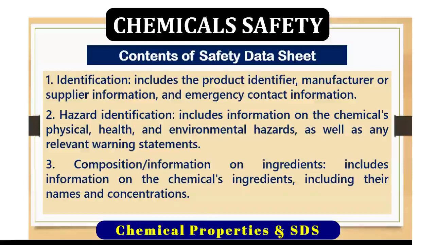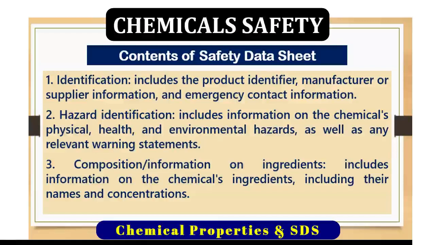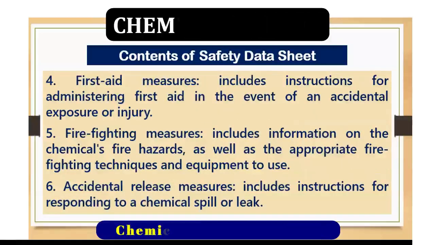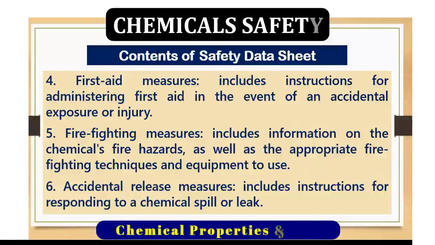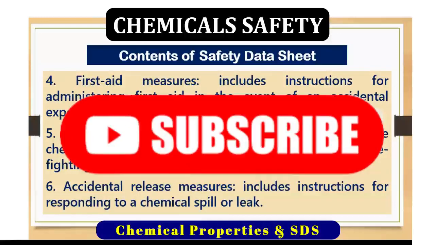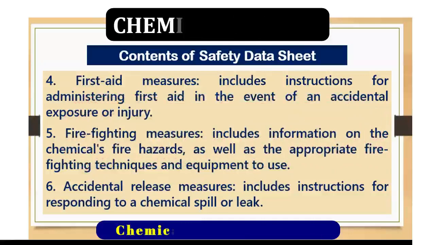Number 3, composition and information on ingredients. It includes information on the chemical's ingredients, including their names and concentrations. Number 4, first aid measures. Includes instructions for administering first aid in the event of an accidental exposure or injury because of chemicals.